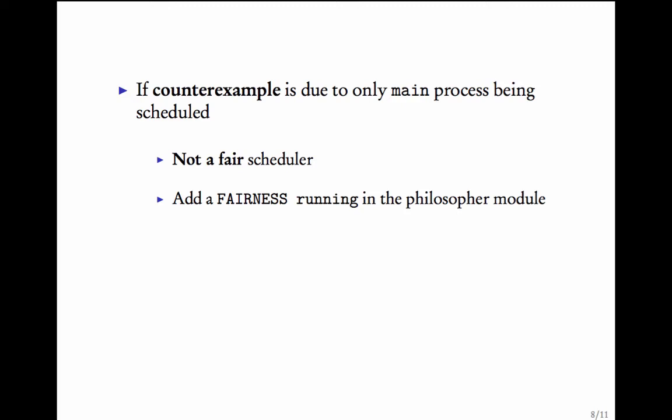So each time the module is instantiated, the variable or the process that instantiates this module will be scheduled infinitely often. After doing this, we got a counter example which was actually due to a problem with the model and not because of a problem with the main process being scheduled in an unfair manner. We saw a new SMV demo of this.